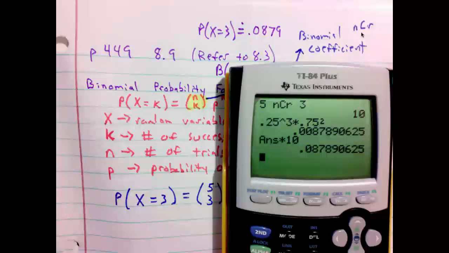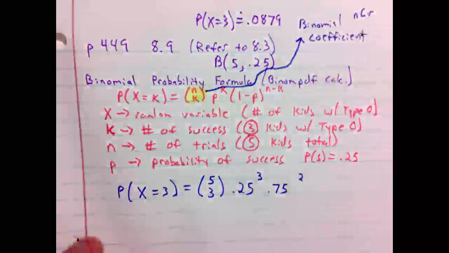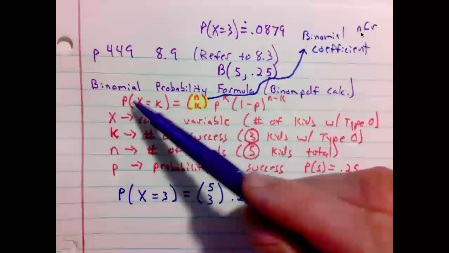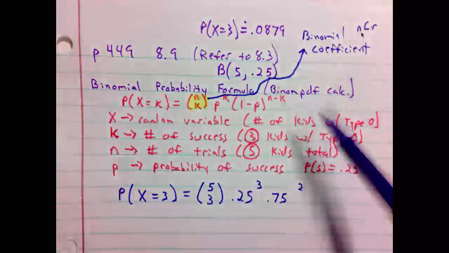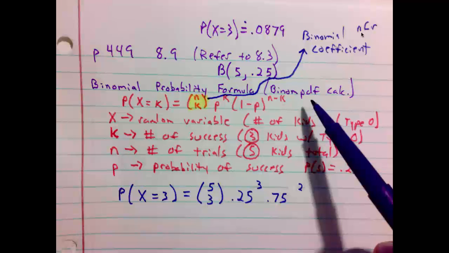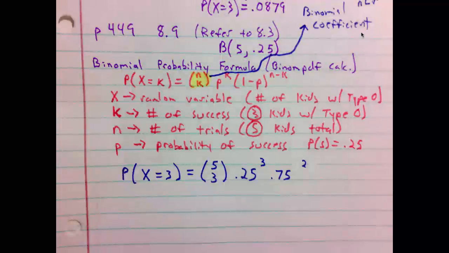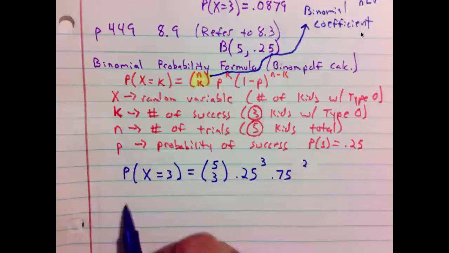Using the binomPDF function, you can see that the binomial probability formula can be easily had using the binomPDF function on the calculator. I'll make one sentence to state our results here.